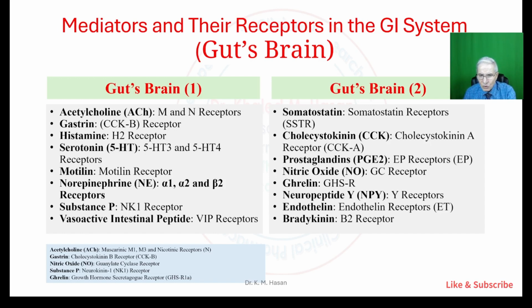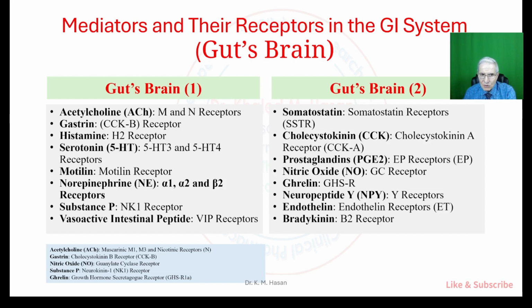We have acetylcholine, with M receptors standing for muscarinic, which we already covered, and N for nicotinic. Gastrin binds the CCK-B receptor, where CCK stands for cholecystokinin. Histamine binds the H2 receptor.